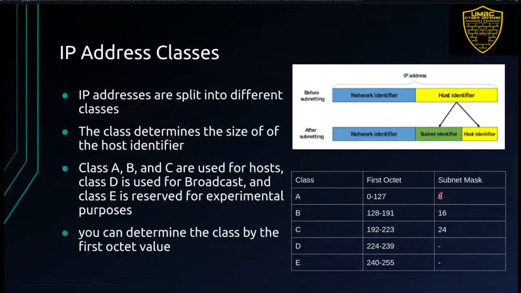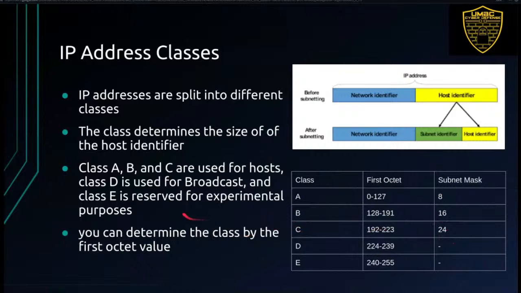So for class A, it would be a /8 or 255.0.0.0, 16 or 255.255.0.0 for class B, and then 24, as we saw before, for class C. This is a very high level overview. If you have any questions, unmute yourself and say, although keep in mind this is on YouTube.